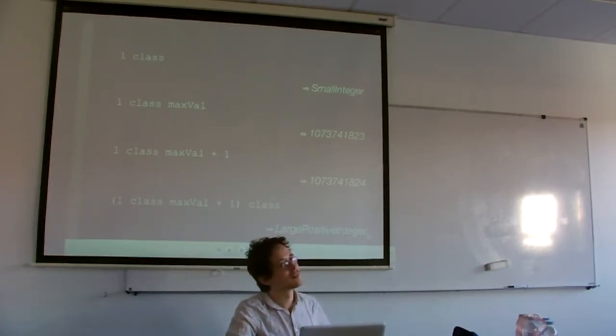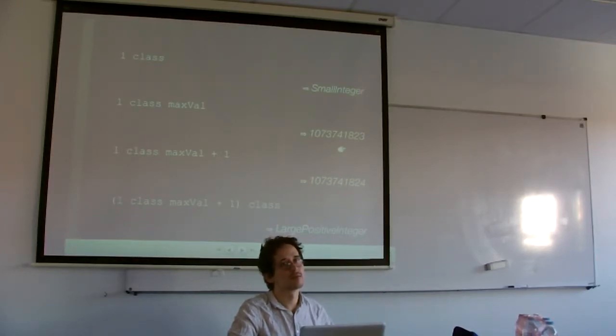Is the size of SmallInteger machine dependent, or is it always the same? No, it's always 31 bits, because the VMs are 32 bits. When our VMs move to a 64-bit architecture, probably the SmallInteger will be even bigger, 60 or 62 bits, something like that.